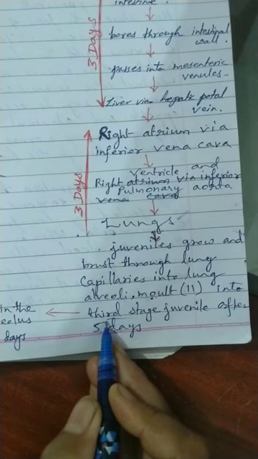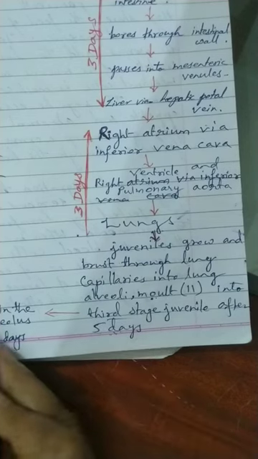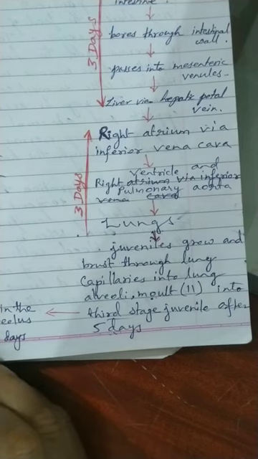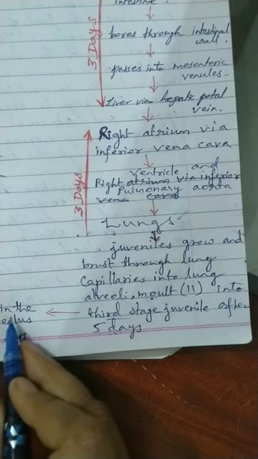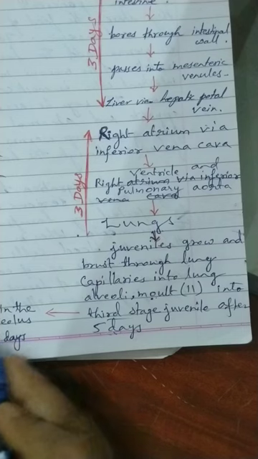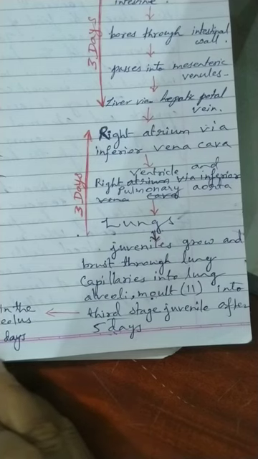From this stage, the third molt is in the lung alveolus after 6 days.